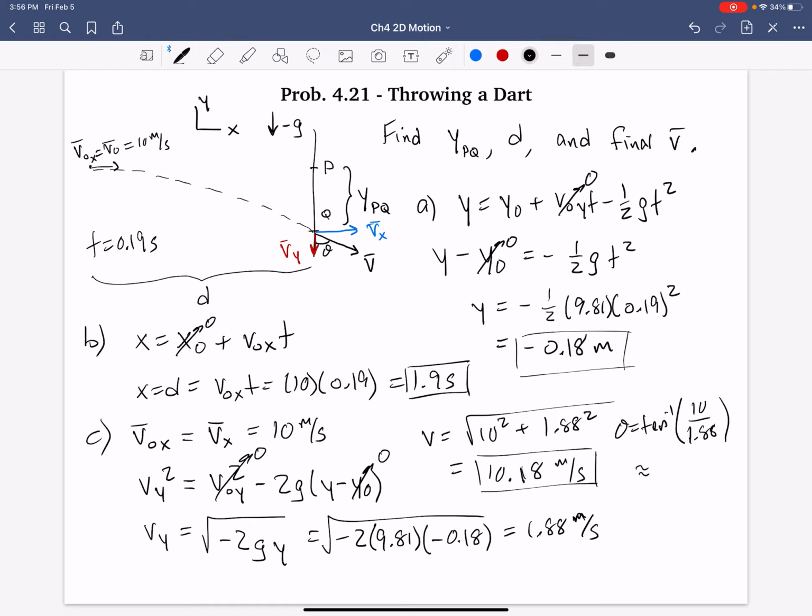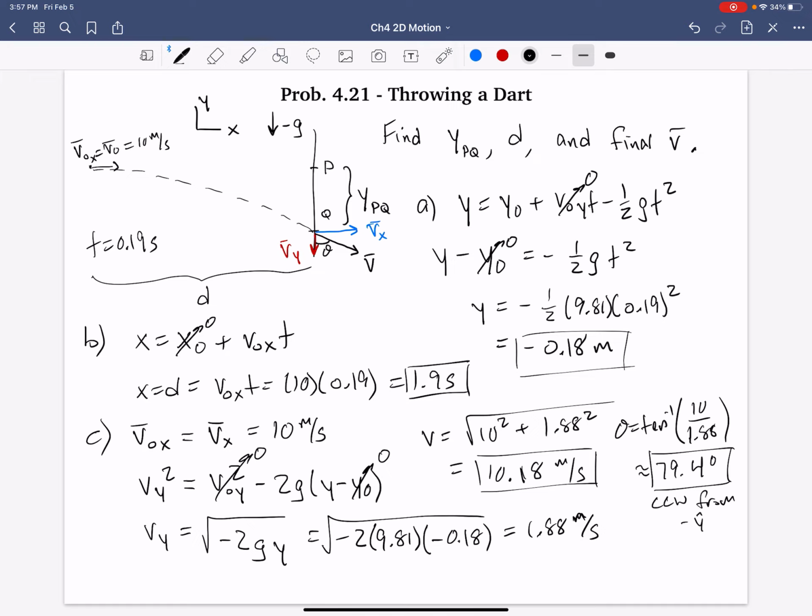It should be about 79.4 or so, and that's 79.4 degrees counterclockwise from negative y.